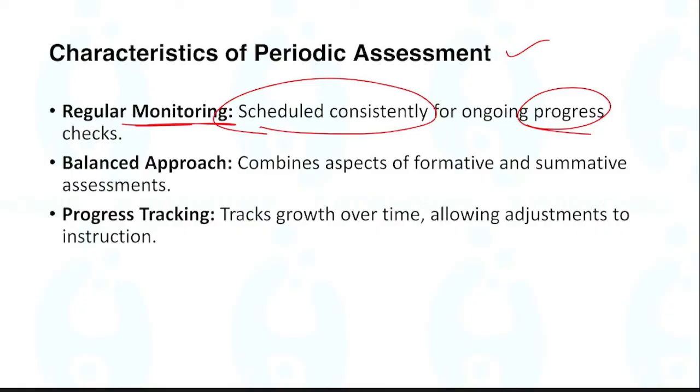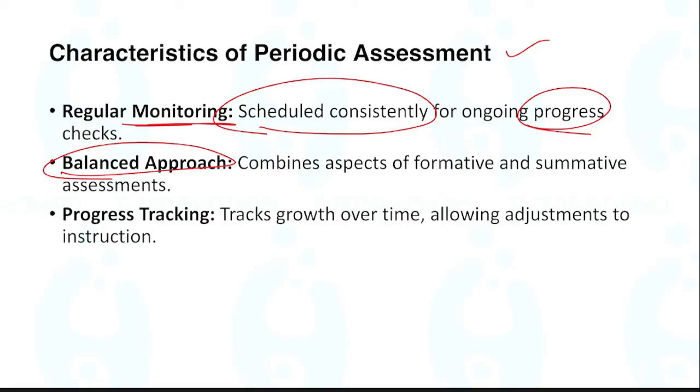Next one, balanced approach. Because it can combine formative and summative assessments together, it will provide a balanced view. For example, in the case of semester exams, if the student does not pass the first semester exam, they will have a backlog of that, right? That can be considered a summative assessment.